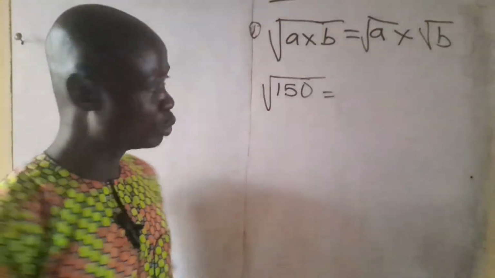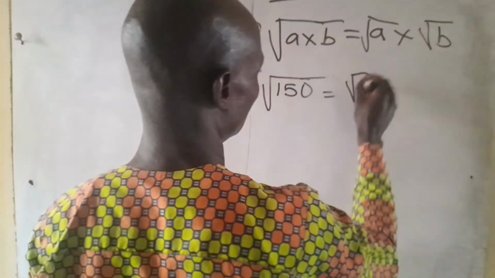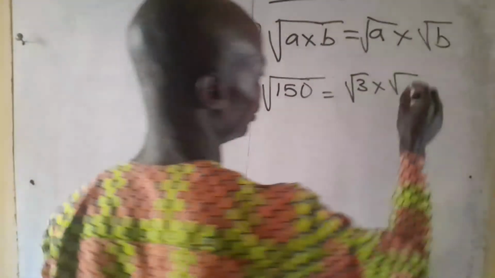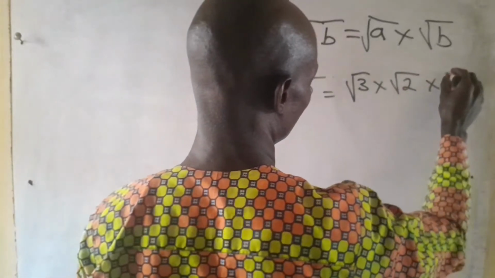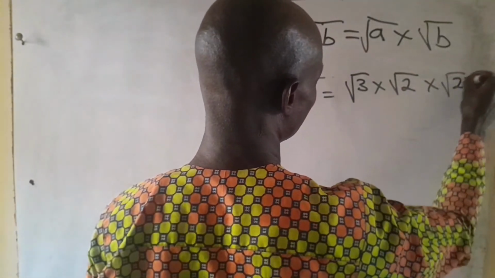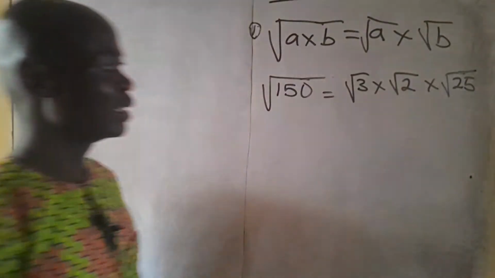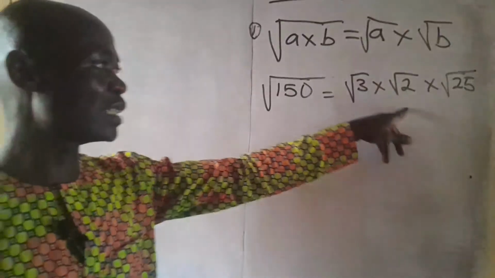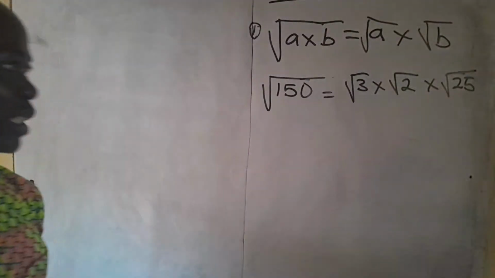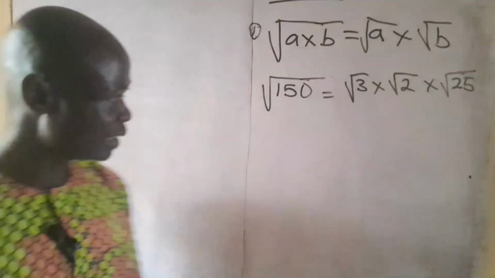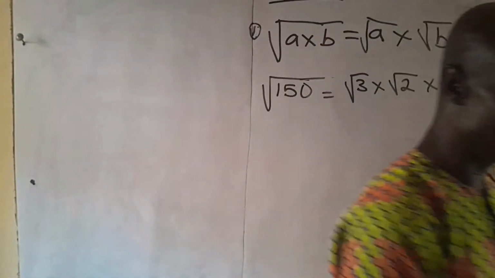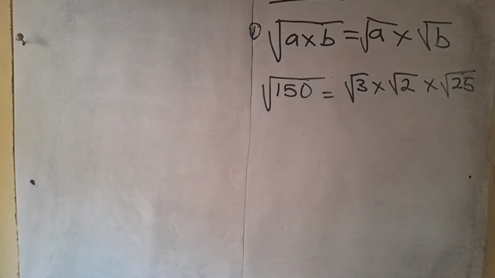So let's do root 3 multiplied by root 50, which is 2 root 25. I think this is the best way of doing that, because 3 times 2 is 6, and 6 times 25 is 150. So I think this is the best way to split it. The multiple of these 3 roots will give us root 150. So that's what we are saying.